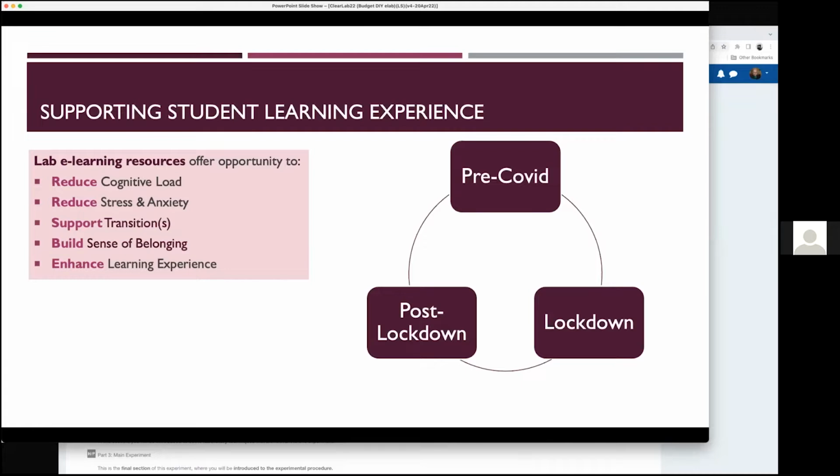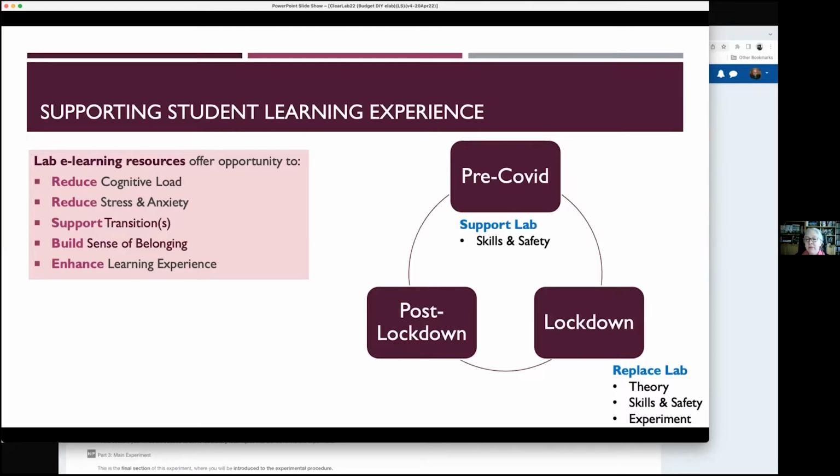Now, like many of you, this is my introduction into this. Pre-COVID, I was interested with my colleagues in making videos to support skills, techniques, and safety in the lab. So this is to support lab learning. Lockdown slapped us into trying to replace face-to-face labs with online lab resources. So in addition to skills and safety, we had to try to support the theory, teach the theory behind it, and show what was happening experimentally.